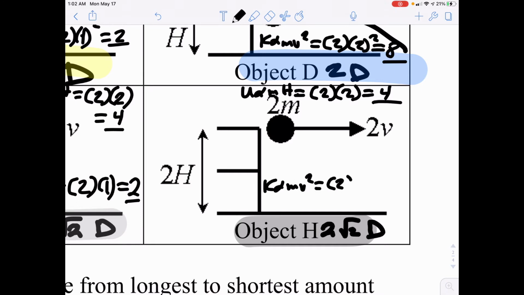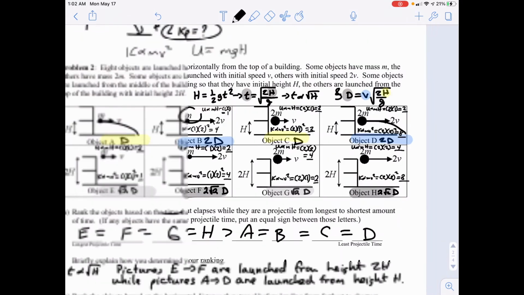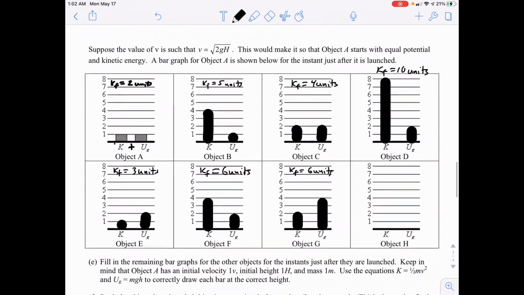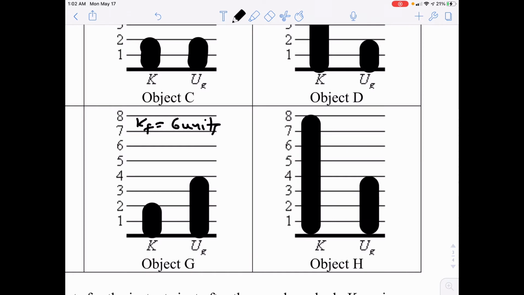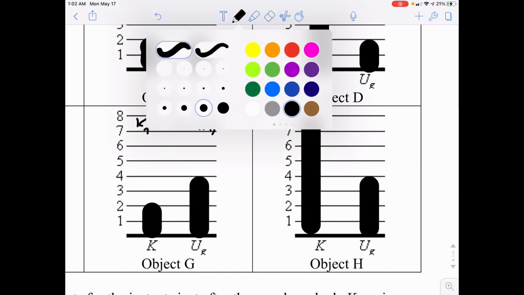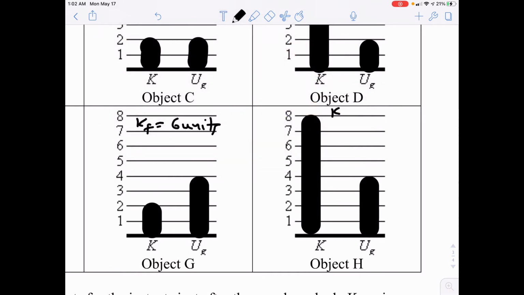We have 2 mass units and 2 velocity units squared. 2 squared is 4, times 2 again is 8 kinetic energy units. We're going to 8 and 4 this time. And the final kinetic energy would, of course, be 12, right, when we add those two.